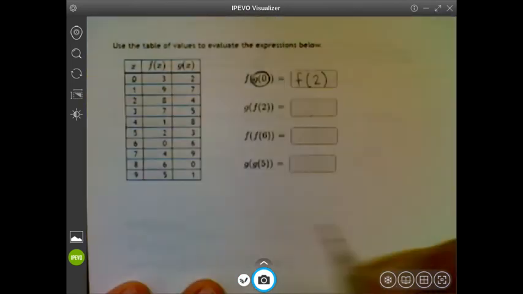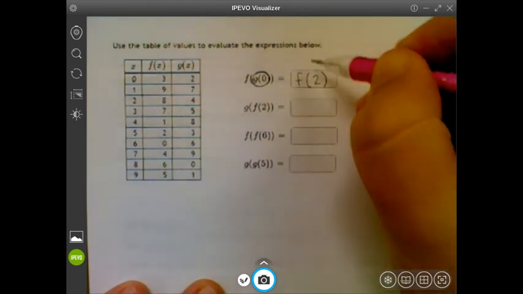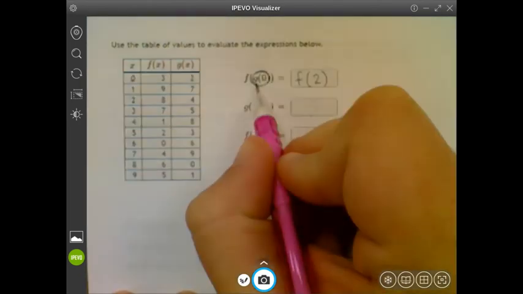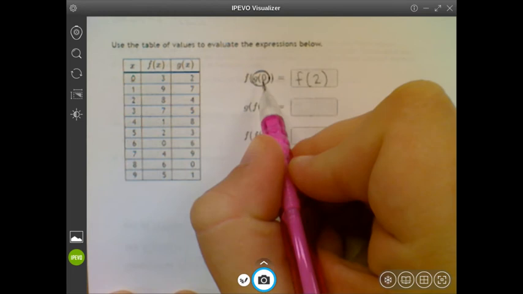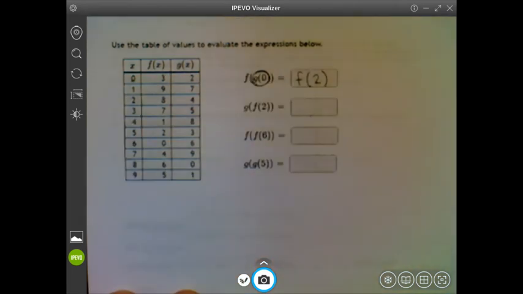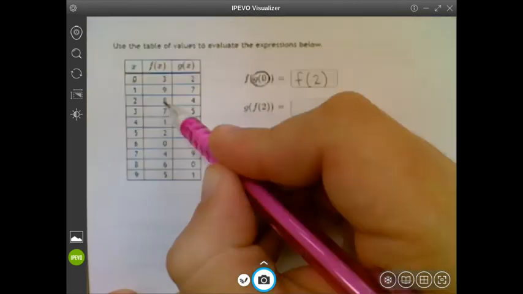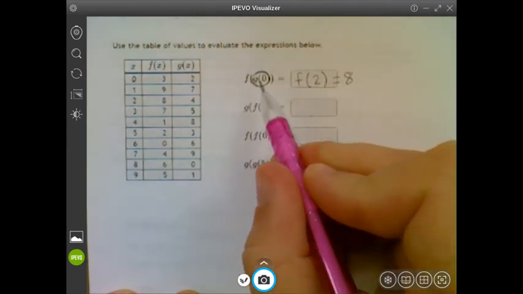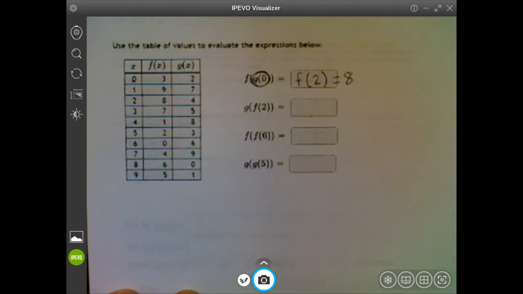Now we are looking for f of 2. The 2 is getting plugged into the f function. It's not the 0 going into both functions. The 0 goes into the g function, and whatever you get there will go into your f function. So f of 2 is equal to 8, and this composition, f of g of 0, is equal to 8.